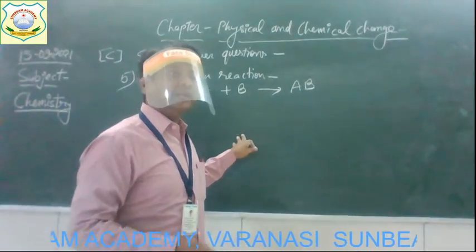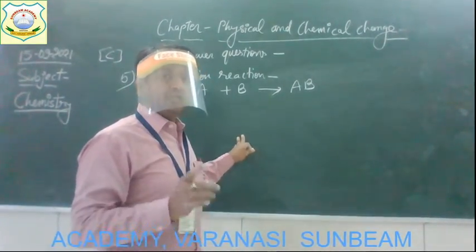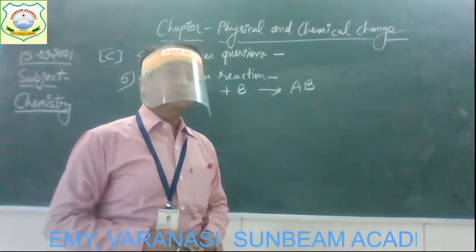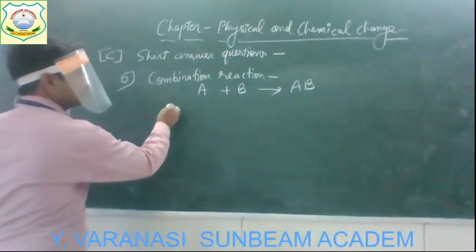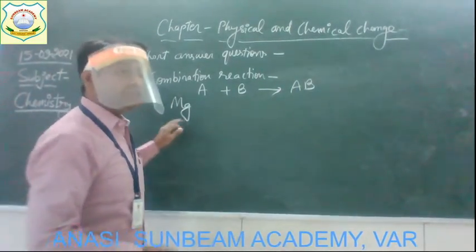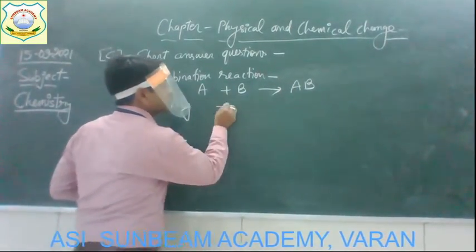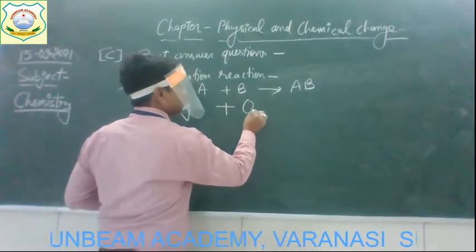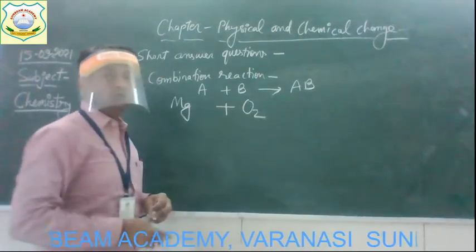Now here you have to write an example also. In the example, we will write magnesium. The symbol of magnesium is Mg. When this element magnesium reacts with another element, say oxygen, the symbol of oxygen is O2.